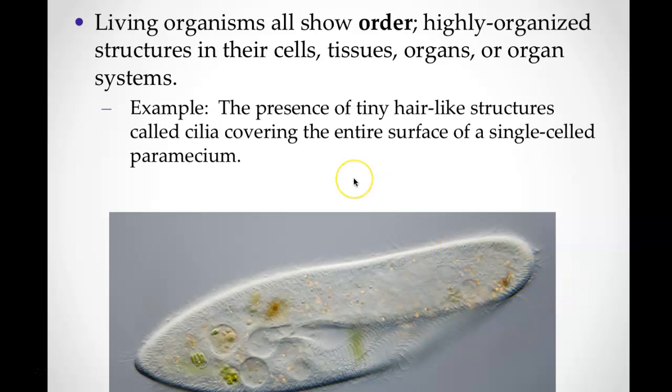So an example of the order that some unicellular organisms show, if you look at a paramecium is a single-celled organism. And if we are in the traditional classroom, we would definitely be looking at these under the microscope because they're kind of fun to watch swim around because they're so fast. But they don't have like a head or eyes or anything like that.